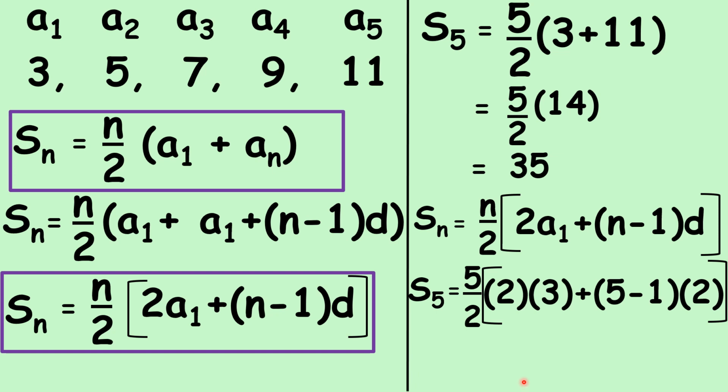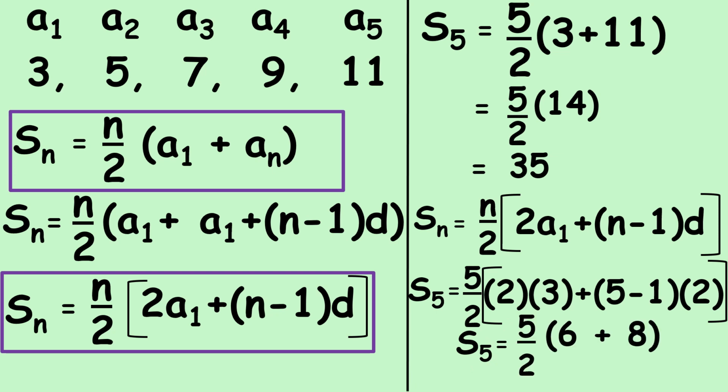So we just substitute. So we have 5 over 2, that's n over 2, 2a, 2 times a, our a1 is 3, so we put 3 here, plus n minus 1, our n is 5, 5 minus 1 times the difference. So 5 minus 1 is 4, 4 times 2, we'll have 8 here, and then we have 2 times 3, which is 6, so we have 6 plus 8, we'll have 14 in that particular bracket.